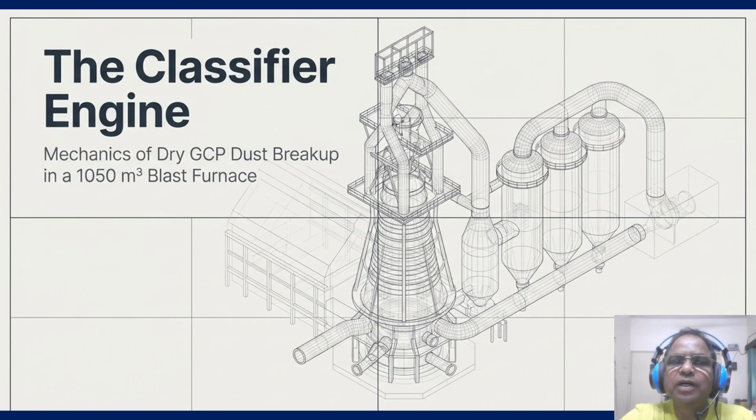So looking at the wireframe on your title slide, follow the gas flow from the furnace through the primary and secondary cleaning stages. So this architecture is the heart of a closed loop iron making system. To understand the dust, we must first define the baseline operational patterns that generate it.